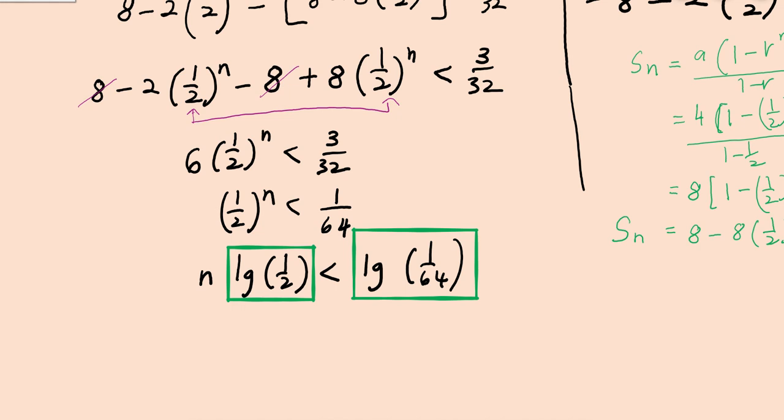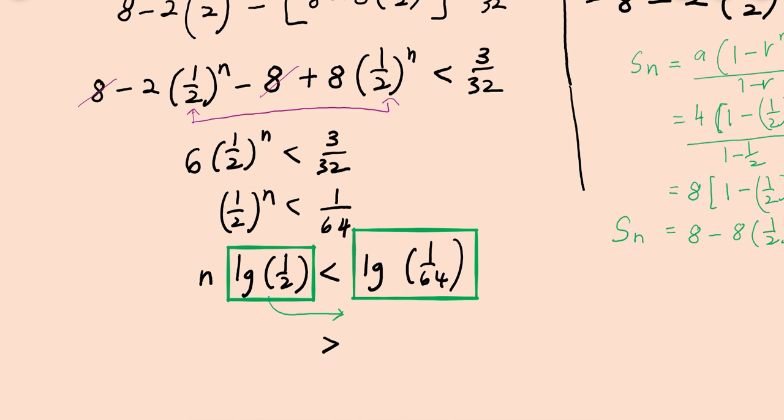So, apabila log 1/2 kita pindah ke sebelah kanan, dia akan jadi bahagi. Bila kita divide inequality dengan nombor negatif, simbol tu akan reverse. Log 1/64 tadi nilai dia negatif, bila kita divide dengan negatif, dia akan jadi positif.